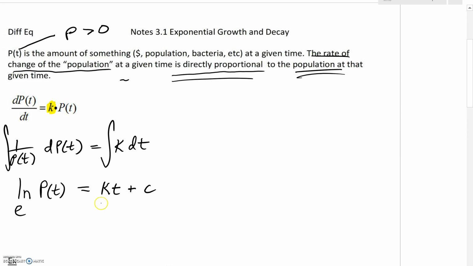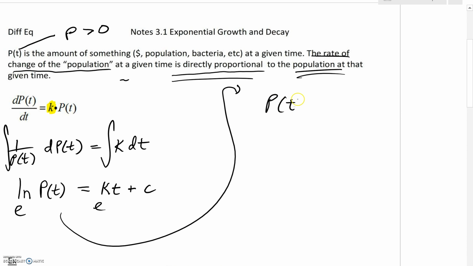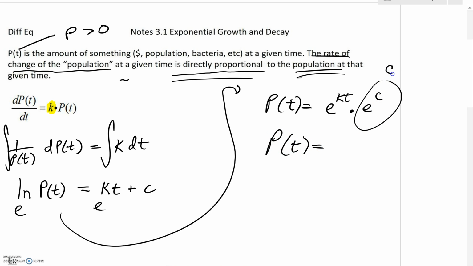We exponentiated. So we take e to the left side, which thankfully is just P of t. On the right side, we'll have e to the kt plus c, but that's also times e to the c. And e to the c, of course, is just some constant. I'll call that c2.